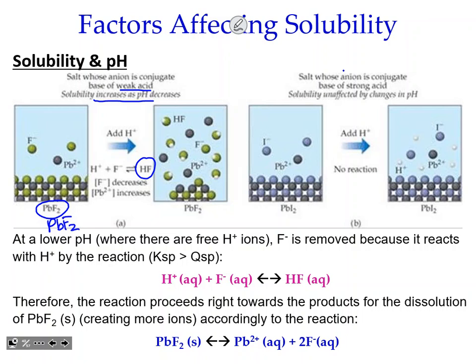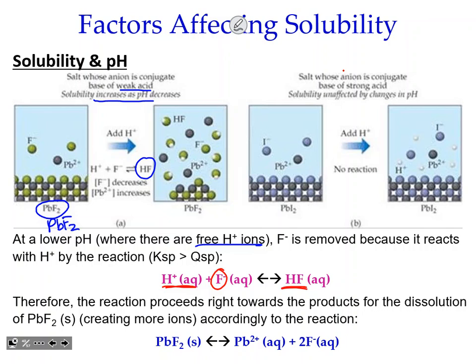At lower pH, where you have free hydrogen ions floating around, because by definition if the pH is below 7 you have more concentration of hydrogen, a secondary reaction happens. The F is going to be removed and react with the H+. F, being a conjugate base of a weak acid, has a high affinity for those hydrogens, and it's going to form a bond and create hydrofluoric acid.